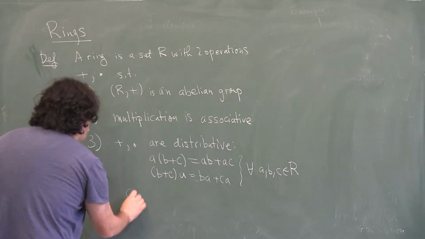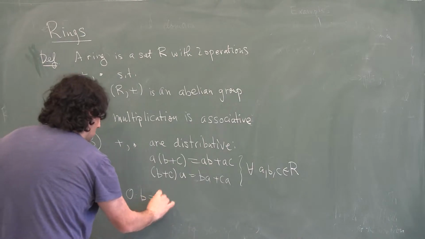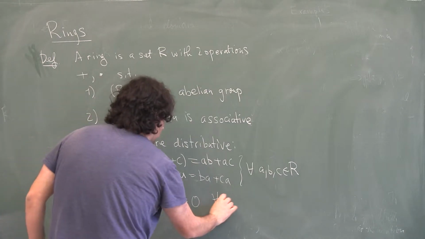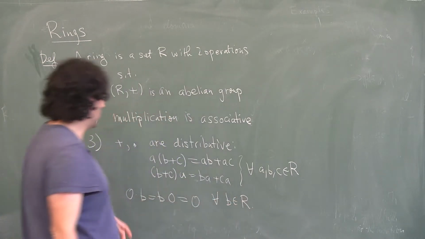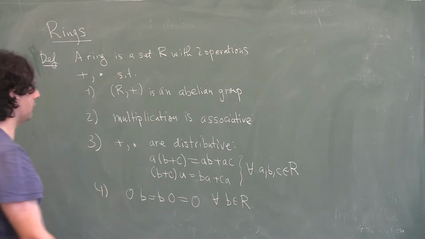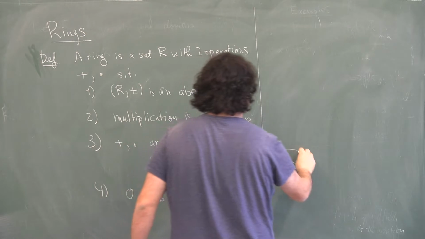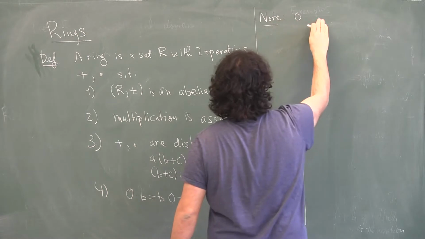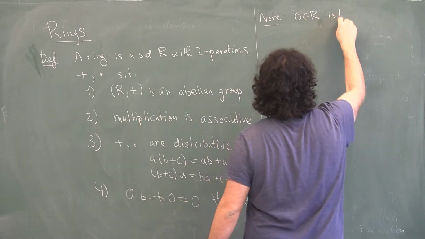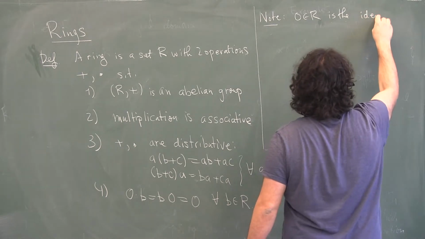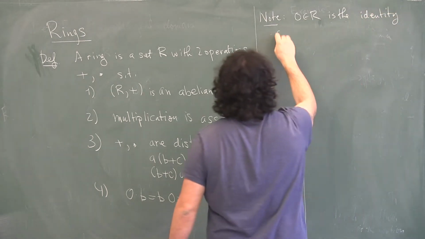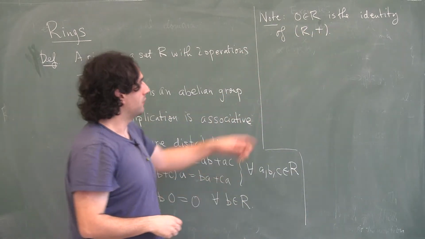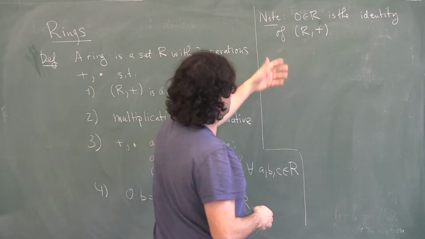So we should have that 0 times B is B times 0 is equal to 0 for all B in R. Note here that 0 is the identity of the group R comma plus. The plus means that we are using additive notation.